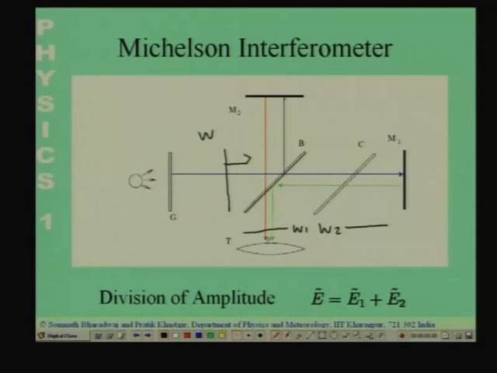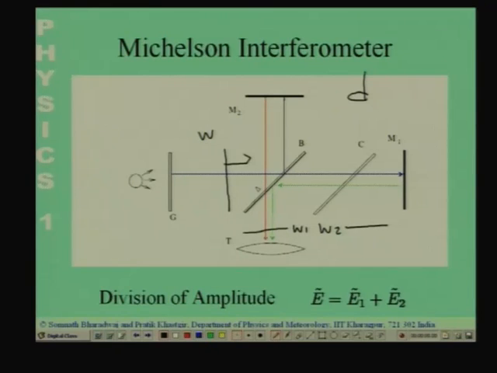Now we had introduced this quantity d, if you remember, in the Michelson interferometer. d was the difference in the path length of the two arms. The wave W1 and the wave W2 have to travel different distances. If you look at the wave which is traveling straight, there is a path difference which is 2d.